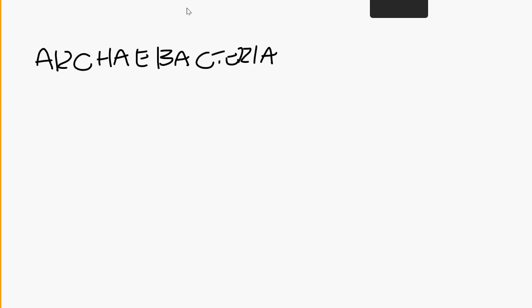Next one is Archaea bacteria, sometimes just referred to as Archaea.